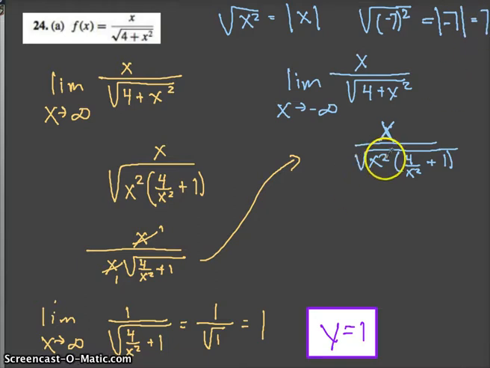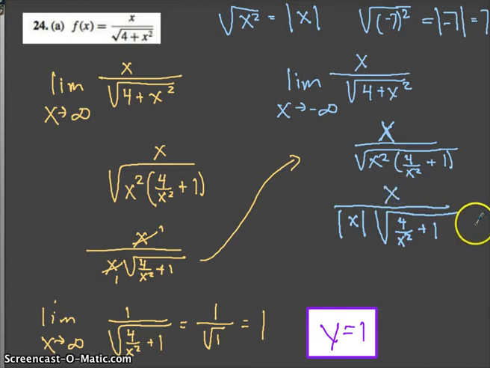So when I take the square root of x squared, I need to remember that this is the absolute value of x, because x is negative since I'm going to negative infinity. These are the little things you have to keep in mind when you're doing this.